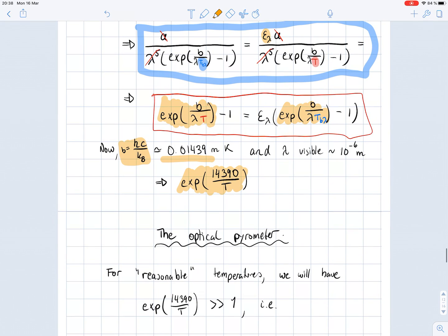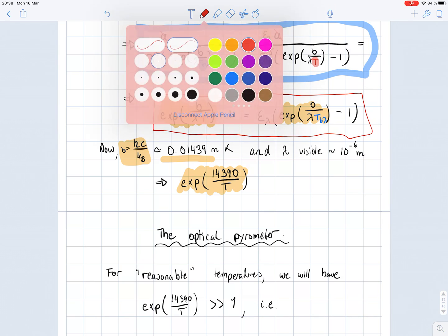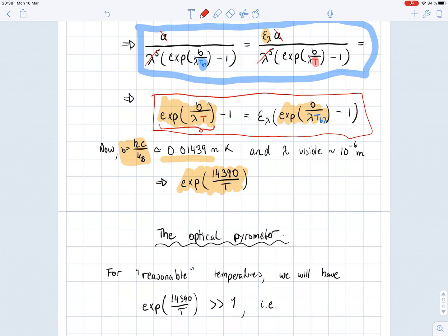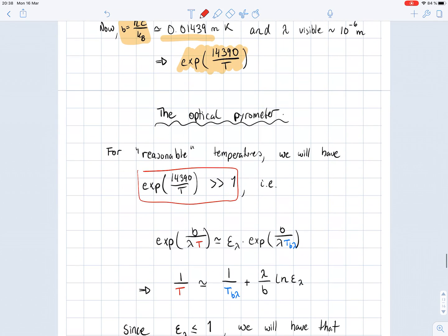Now, if you have a reasonable temperature, meaning reasonably low, the exponential function of 15,000 divided by your temperature will in all cases be much greater than 1. And that means that if you compare the exponential term here and the exponential term here, you can drop this minus 1 and this minus 1 because of this. So our expression becomes quite much simpler.